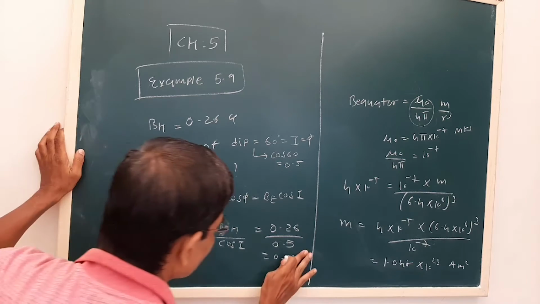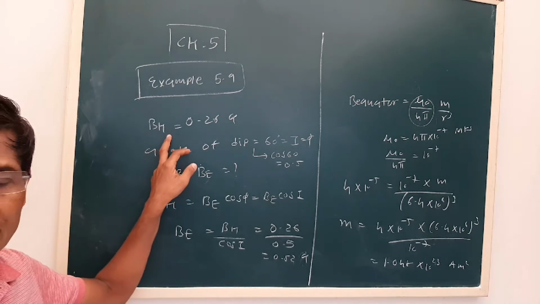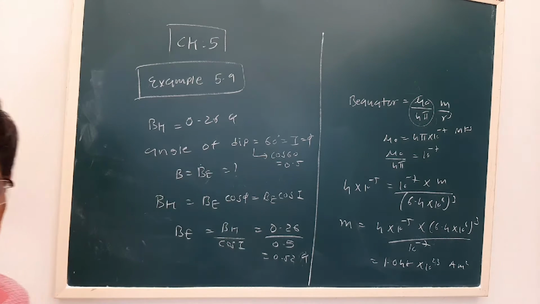The answer we keep in Gauss only. Here BH is given in Gauss, so the final answer also we can keep in Gauss. So this is about example number 5.9.